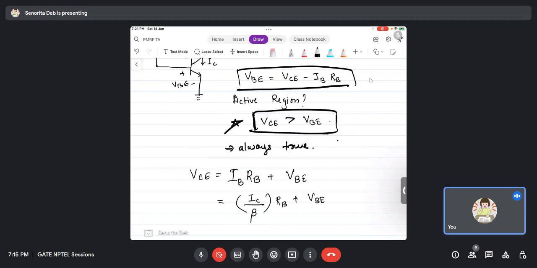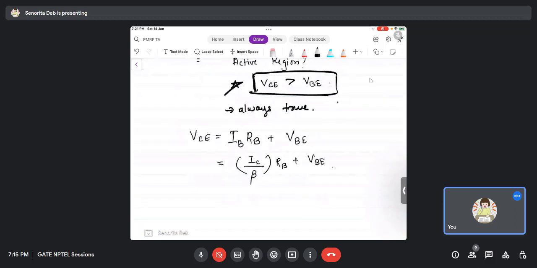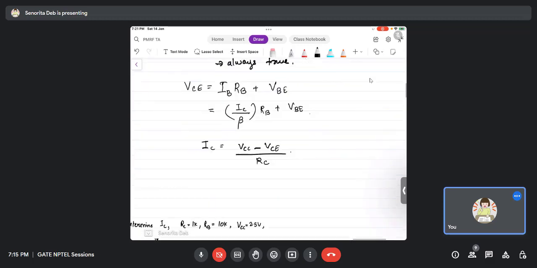And therefore you can also write IC as VCC minus VCE by RC. So IC will be nothing but VCC minus (IC by beta RB plus VBE) by RC.